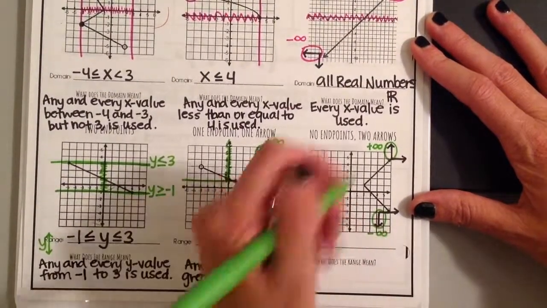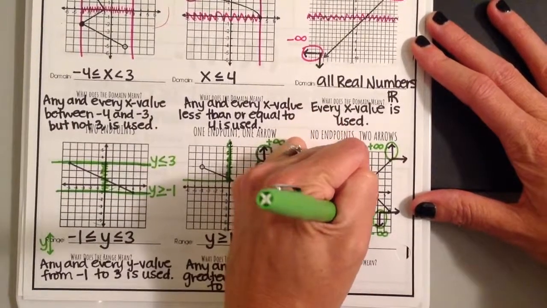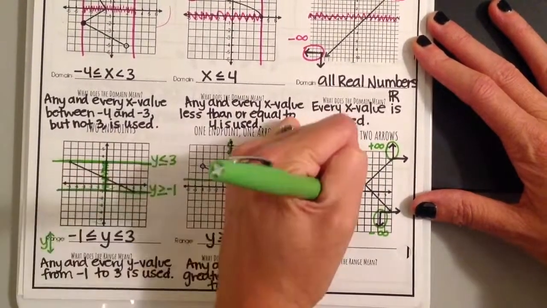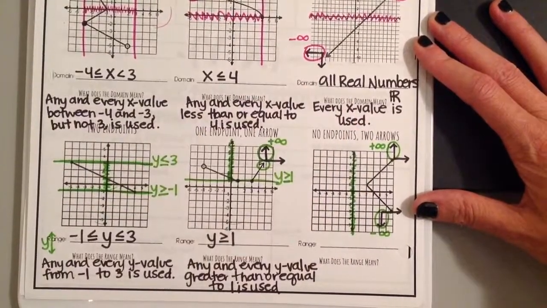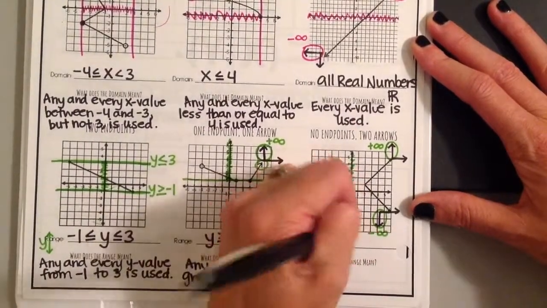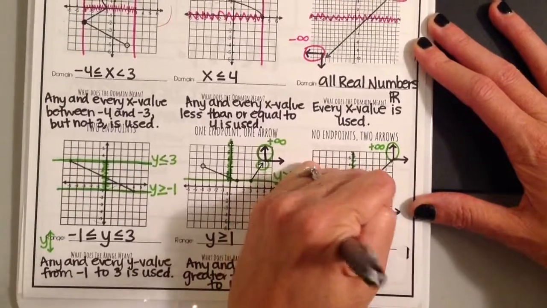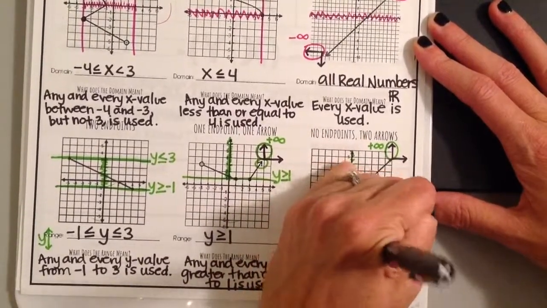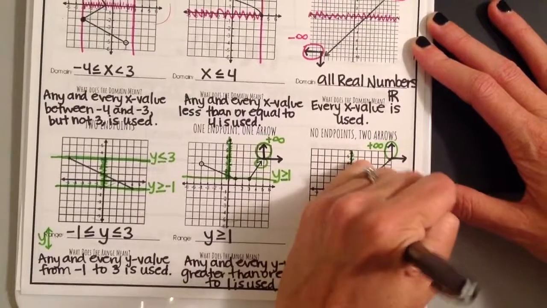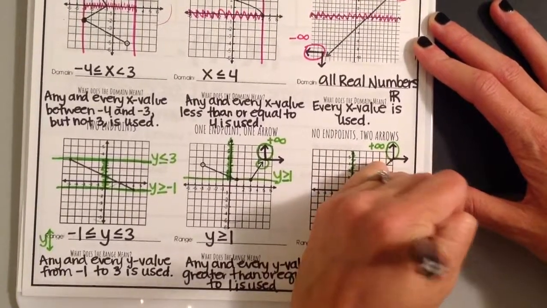So if I'm using every y value going down and every y value going up, that means that my range is all real numbers. I'm using every y value on my number line. I will not leave any numbers out.